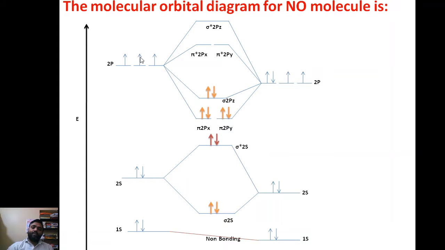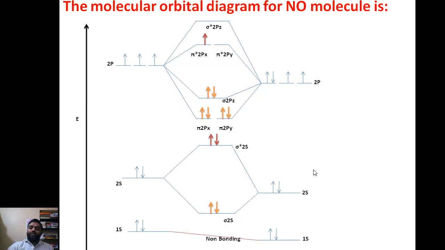Okay, 4 plus 3 is 7. You can fill up 6 electrons, and the remaining electron goes to pi star 2px. You could fill pi star 2py, but first you fill the first orbital, pi star 2px. The electrons are over, therefore the remaining orbitals are vacant.